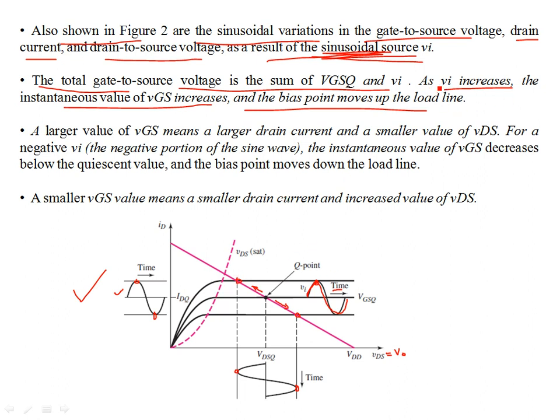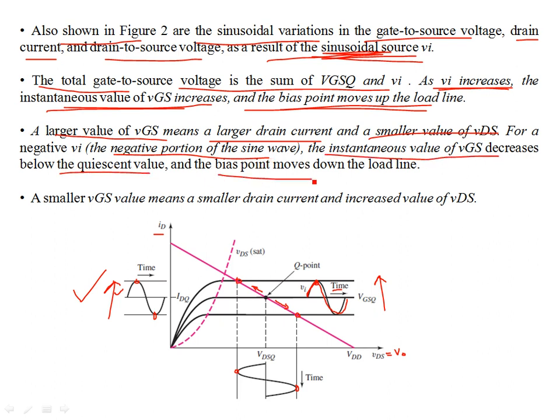So as Vi increases, the instantaneous value of VGS increases, and the bias point moves up the load line. Similarly, a larger value of VGS means larger drain current. So as you increase VGS over here, you have a larger value of the current ID. This is the ID axis. And a smaller value of VDS. If this is large, then VDS is small. For a negative portion of the sine wave, the instantaneous value of VGS decreases below the quiescent point, and the bias point moves down the load line.